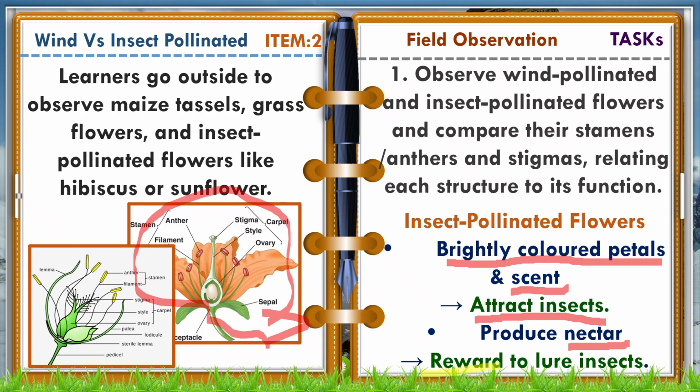Nectar is a reward to lure insects to come to the flower. So the nectar is one of the things which are going to attract the insect to come to the flower, so that it can bring pollen and it can also pick pollen and carry out the process of pollination.